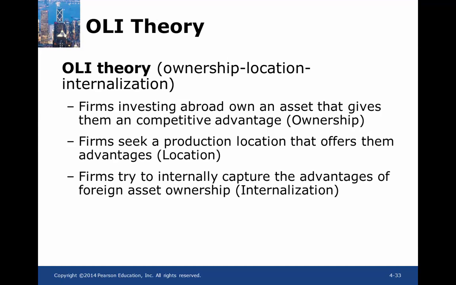OLI theory. Here O is for ownership, L is for location, and I is for internalization. Firms investing abroad own an asset that gives them a competitive advantage: that is ownership.